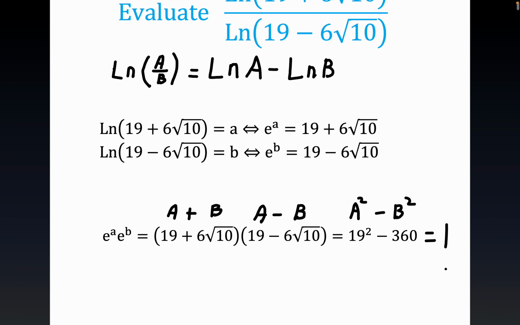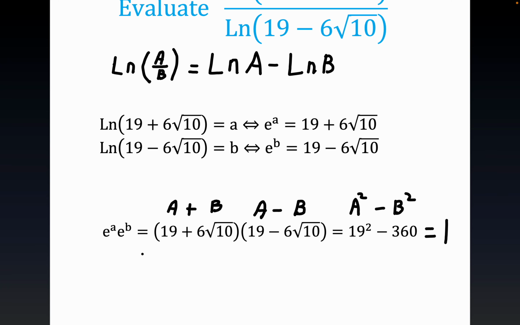Now notice we've shown that e to the a times e to the b is equal to 1, but also if you remember one of the properties of exponents, this is the same thing as e to the a plus b. Now I'll go ahead and put the parentheses, perhaps unnecessary, but that's e to the a plus b. But we've just shown that's equal to 1.